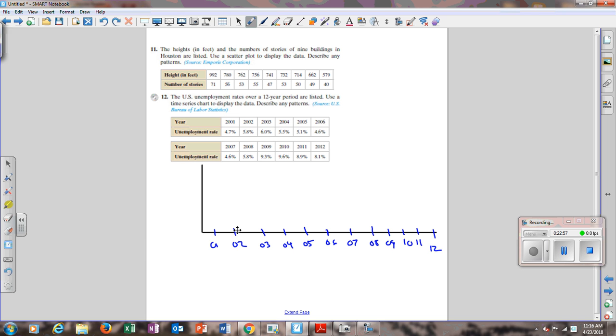Then we're going to look at unemployment rates. So 1, 2, 3, 4, 5, 6, 7, 8. I don't know why I made that 30. I get issues.